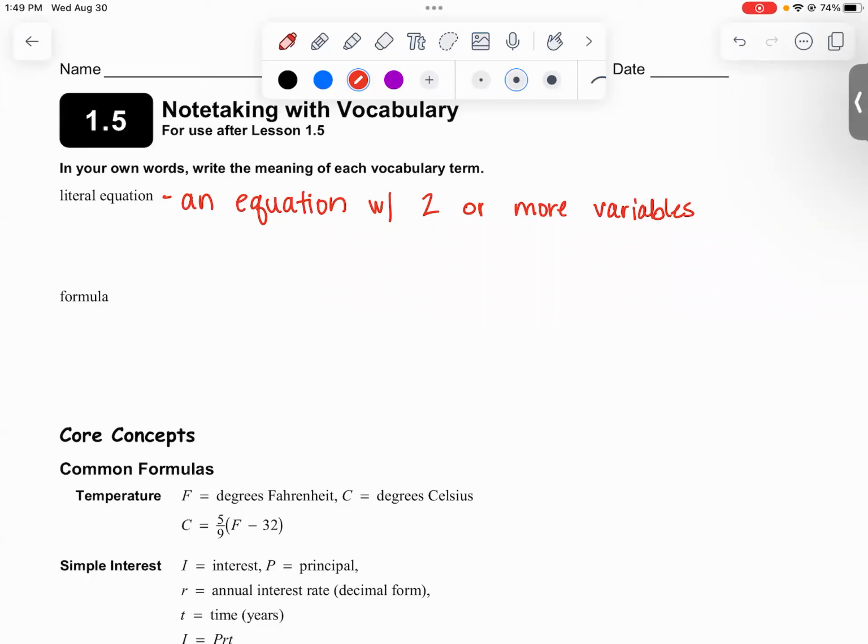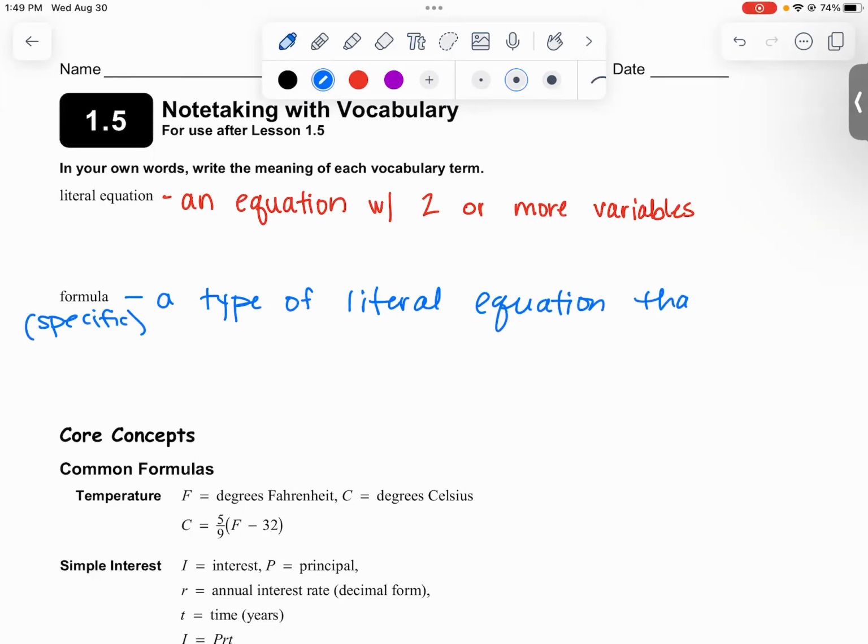Now, to be more specific, a formula is a special type of literal equation that shows how one variable is related to another.